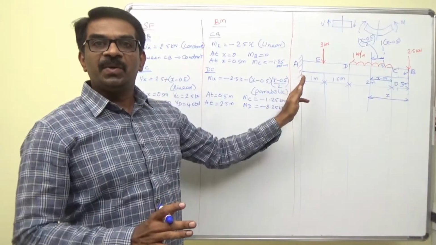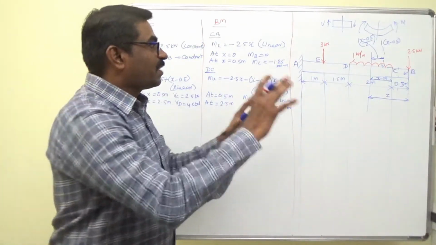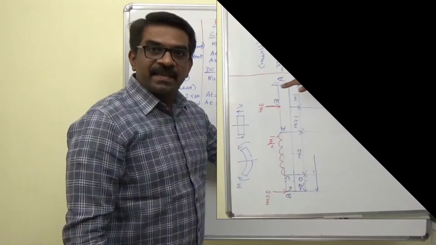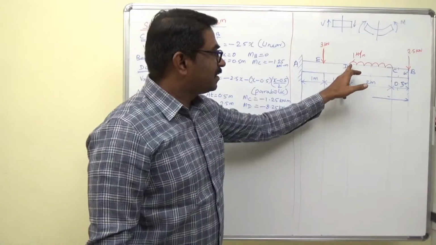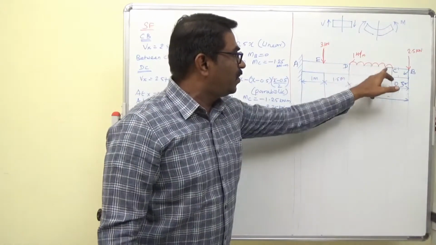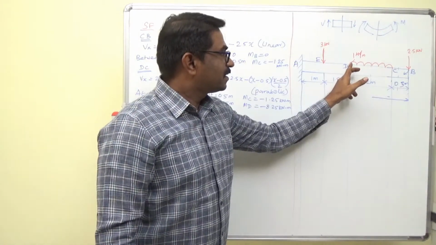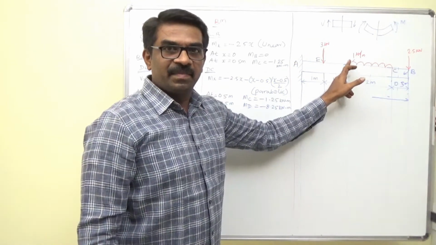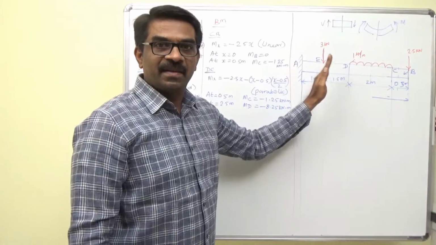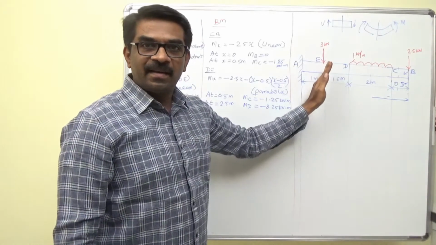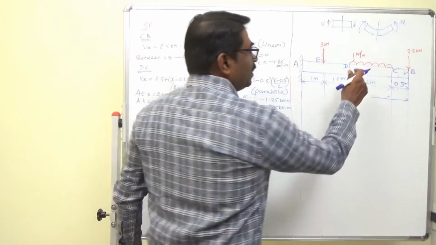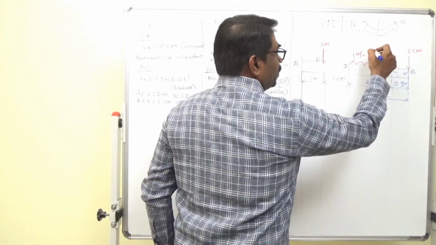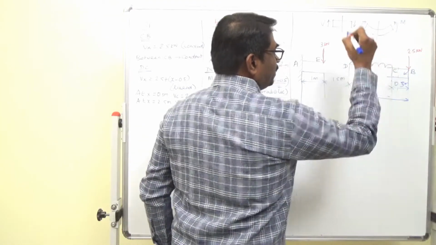Now we will move on to the third segment. So what I will do, I will delete all this. When we move on to the third segment, you see here, this entire UDL load is up to D only. Beyond D, we don't have that UDL load. So I will change this UDL into a point load acting at the mid.